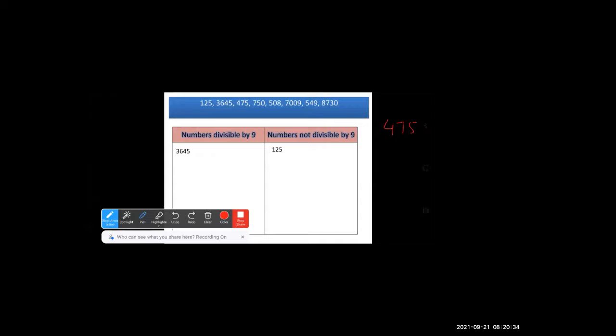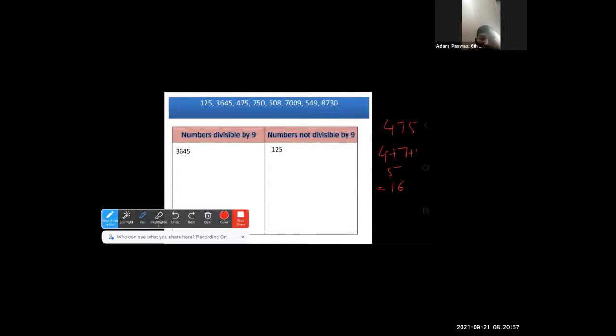Now add all the digits of this number. Do the mental maths. Tell me what is the sum of the digits of this number.